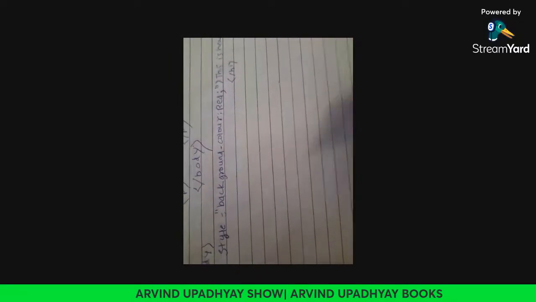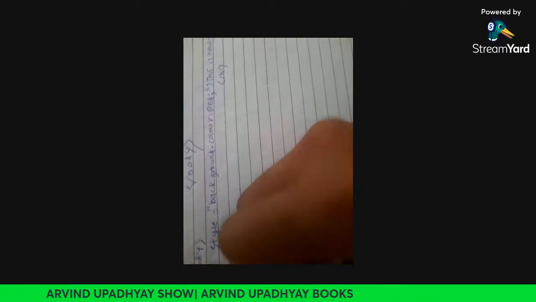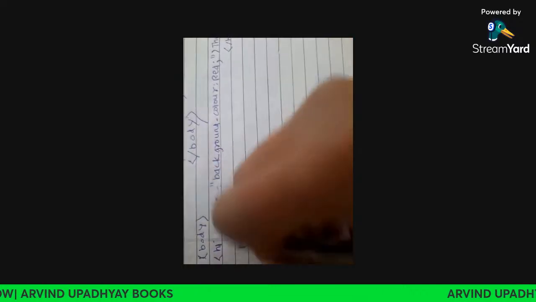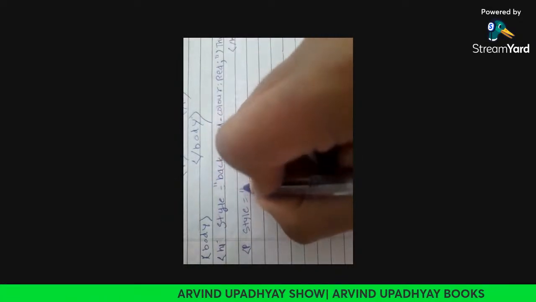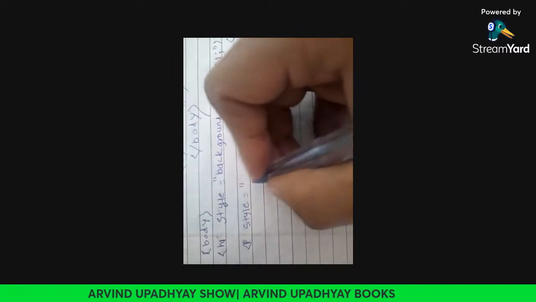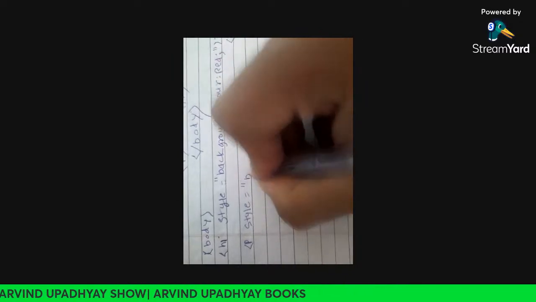Now if you want to write another one like this, you write paragraph and then style, then again with the double inverted comma, and then background.